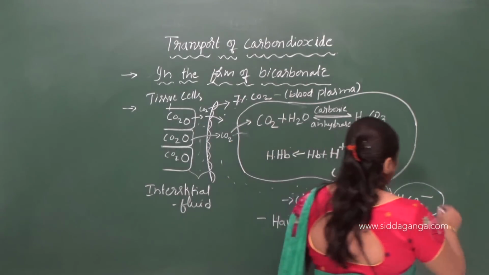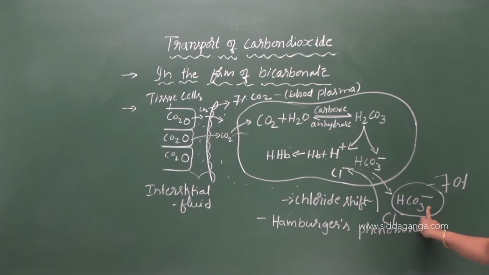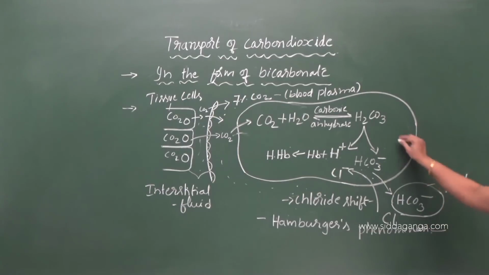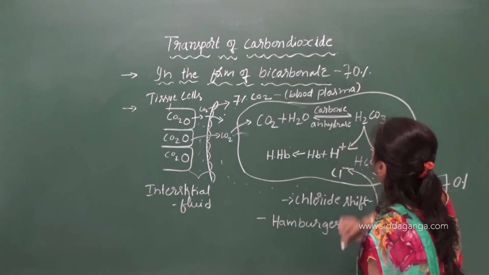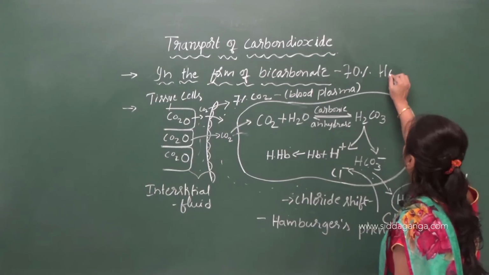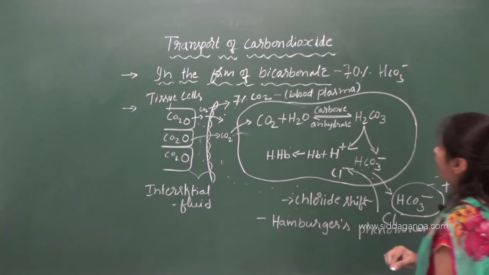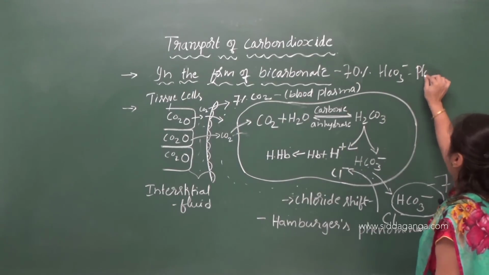So about 70% of the carbon dioxide is transported in the form of bicarbonate ions by the blood plasma.